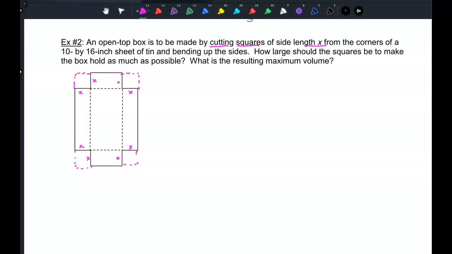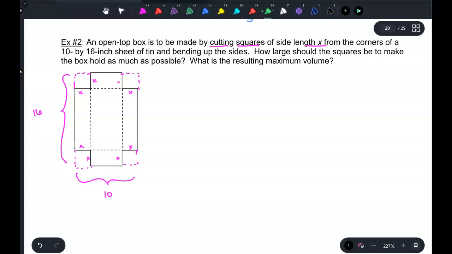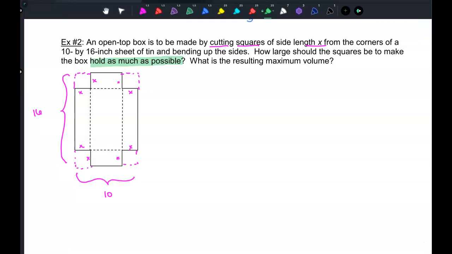So we're starting with a 10 by 16 sheet of tin. So this is starting out as 10 inches, and this is 16. We want to cut out these corners so that when we fold it up, we want the box to hold as much as possible.